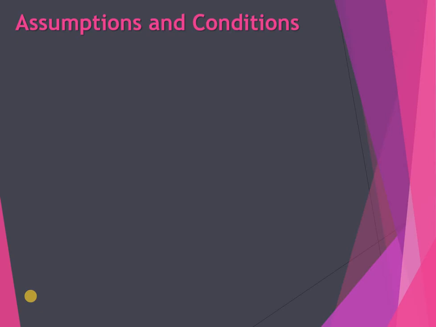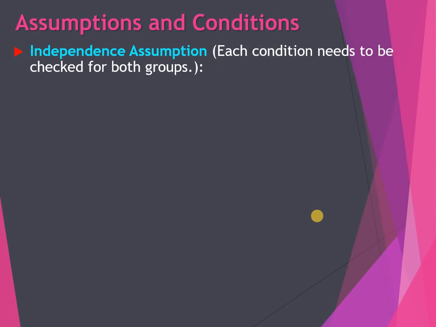That is the only different thing that we're doing here from what we said in the past. So we still have the idea of the independence assumption. And we need to be careful, and I'll be honest with you, the worst part about the two samples is you got to check your conditions for both groups. That means you're going to need to draw your pictures for both groups. That's the most annoying thing. But even with that, it's not too horrible.